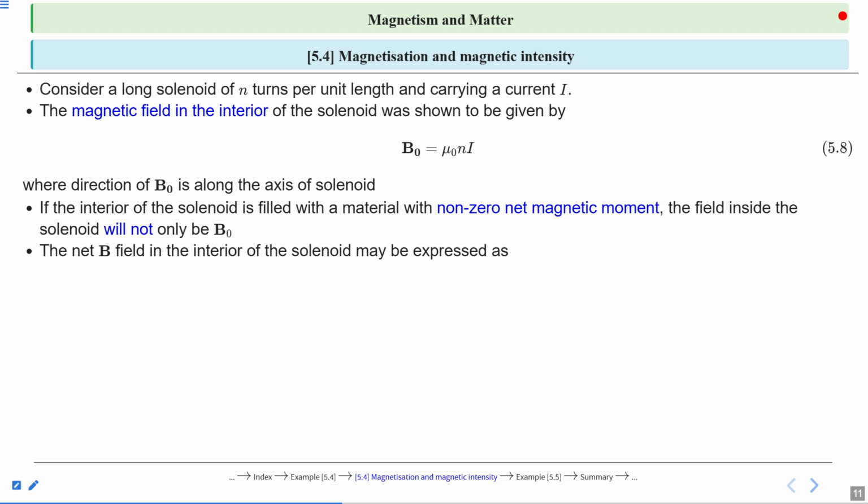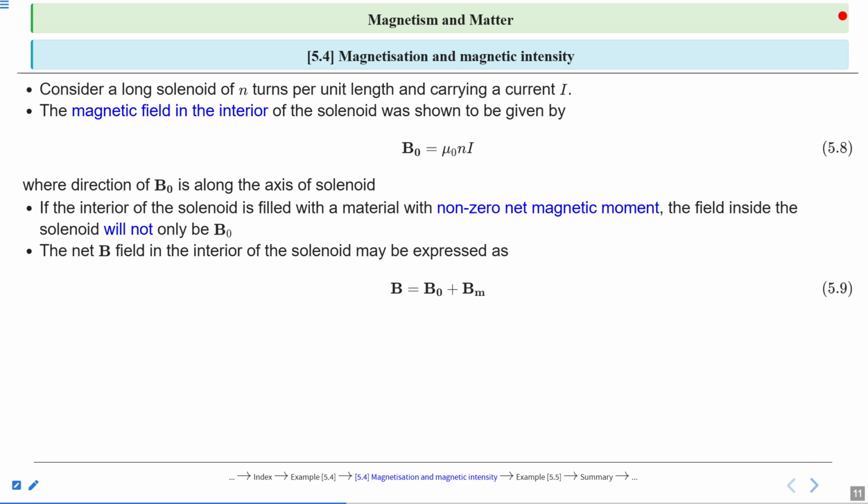The net magnetic field we will represent as B. B naught was the field when there is no material in the interior of the solenoid. Now we have inserted a material, which gets magnetized due to the field of the solenoid and creates a magnetic field of its own.